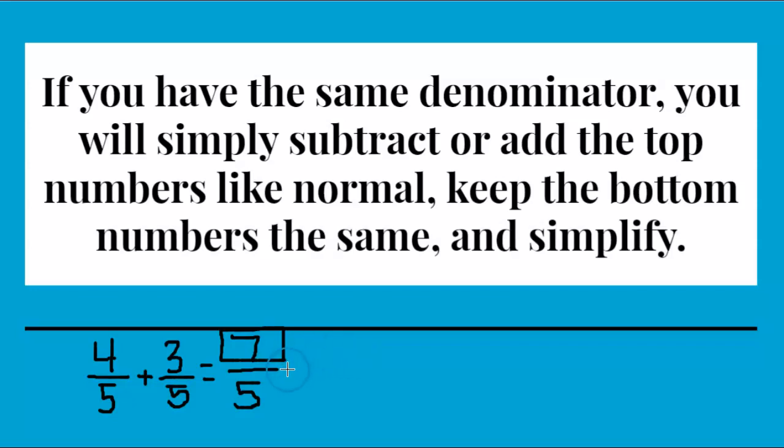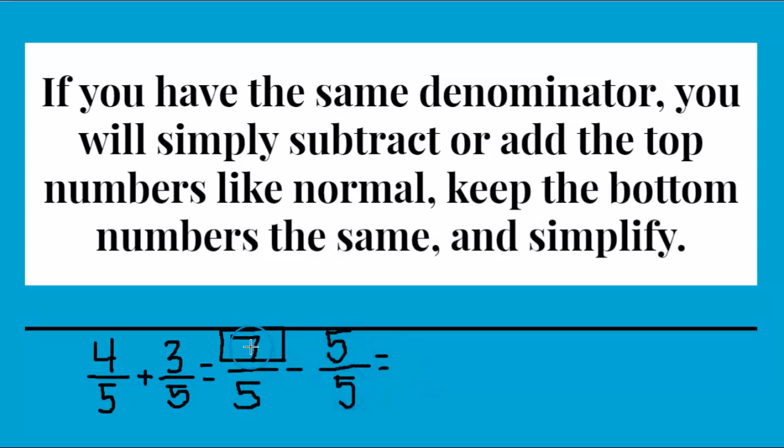So what we can do is you can think, what number needs to be on the top of this fraction for it to end up equaling 1? And if you are thinking that that would be 5, you are correct, because 5 divided by 5 is equal to 1.